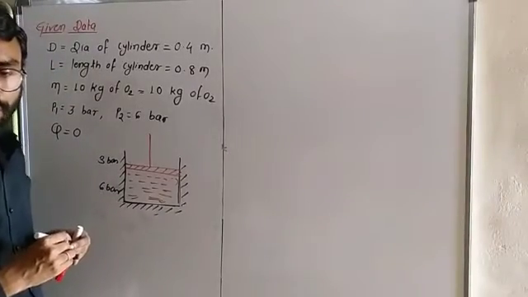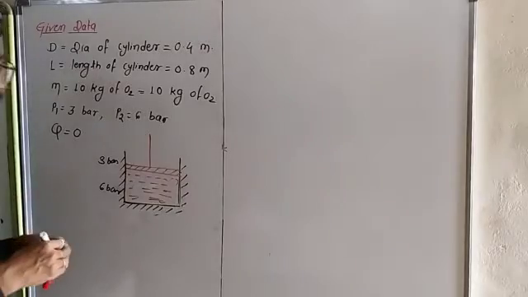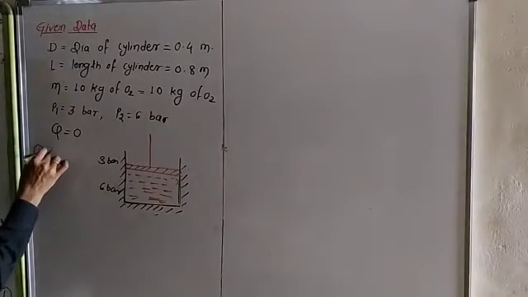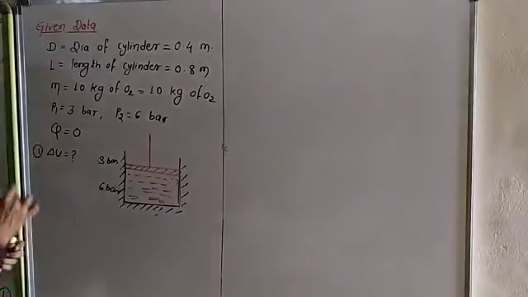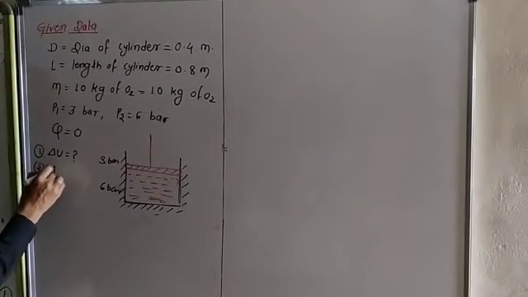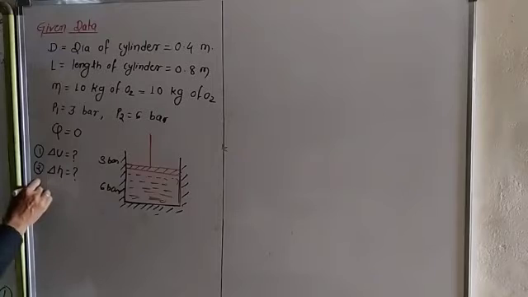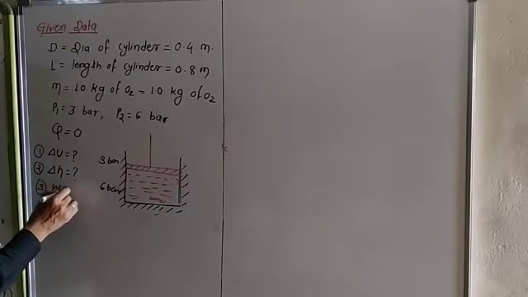Determine the change in the internal energy. First point, how to calculate the change in internal energy? Second, how to calculate the change in enthalpy, and how to calculate the work done from the system.